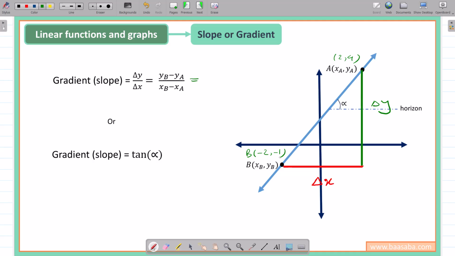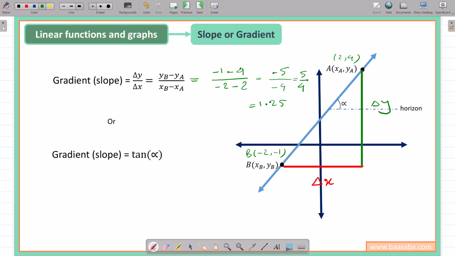What will it be? YB is -1 minus YA is 4, over XB is -2 minus XA is 2. So our numerator is -5 and our denominator is -4, so it will be 5 over 4, or in decimal form, 1.25. This is the gradient or slope of our line.